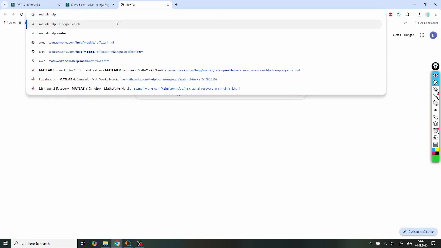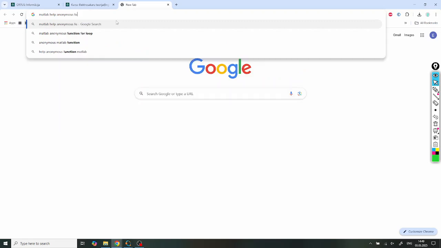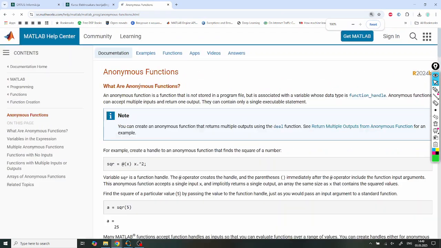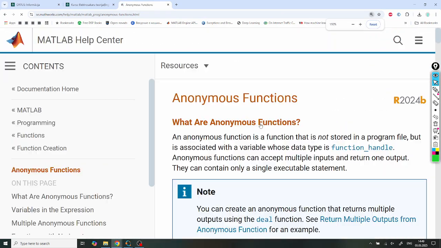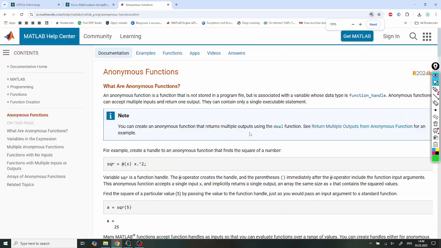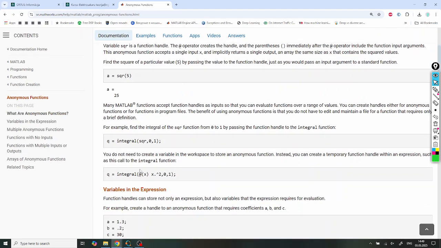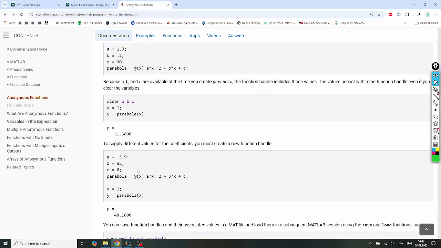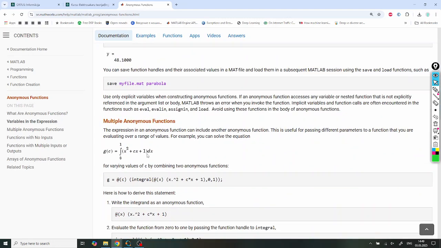So let's check out fast MATLAB help, anonymous function. So the idea here is that these functions are not necessarily having a separate file, but they still have some name. So let's see some example.